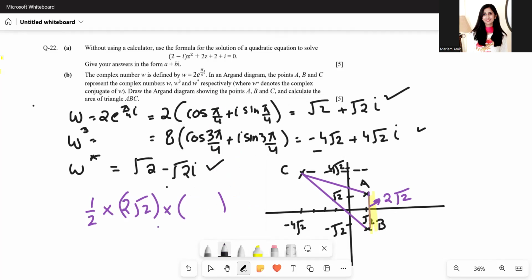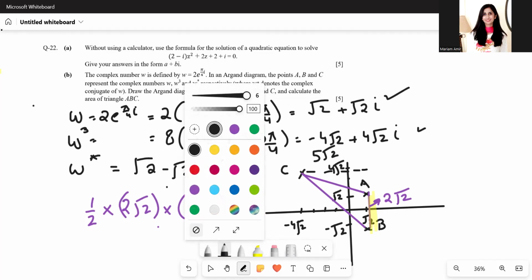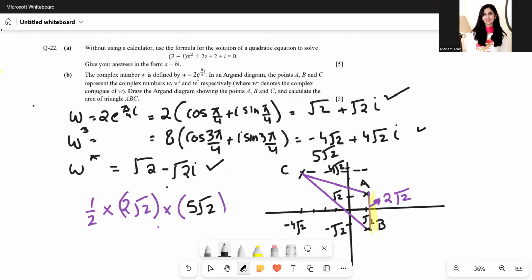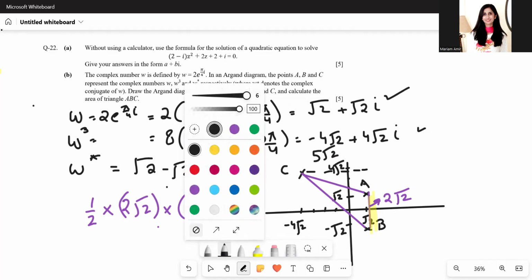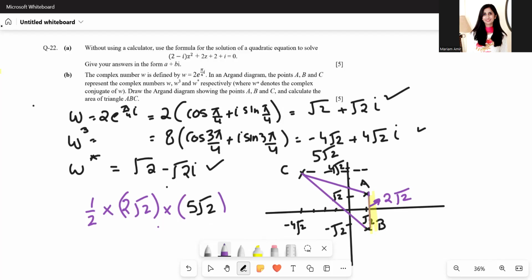So that's going to be 5 square root of 2. Multiply these together, the 2 and 2 cancel out, and we have 5 times square root of 4, which becomes 10. So 10 is the area of part B.